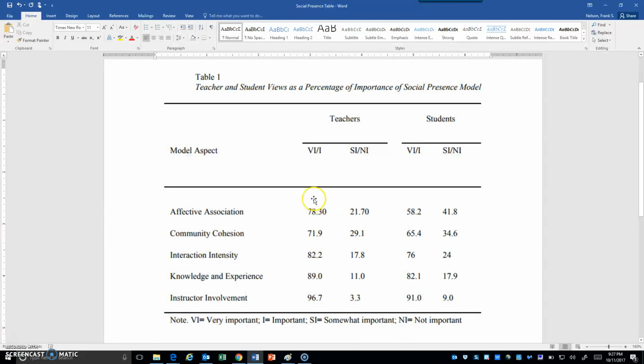I think it's obvious that teachers would think that's important, but the fact that more than a majority of the students, almost 2/3 of them, think that that's important tells us that it is an important fact for establishing a healthy community of learners in your online classroom.